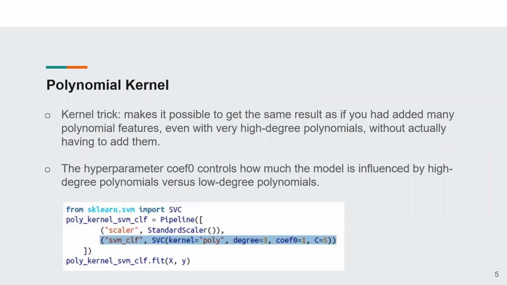Another thing that you could leverage is something called a kernel. Let's pay attention to what a kernel is. The kernel trick makes it possible to get the same result as if you had added many polynomial features, even with high-degree polynomials, without actually having to add them.